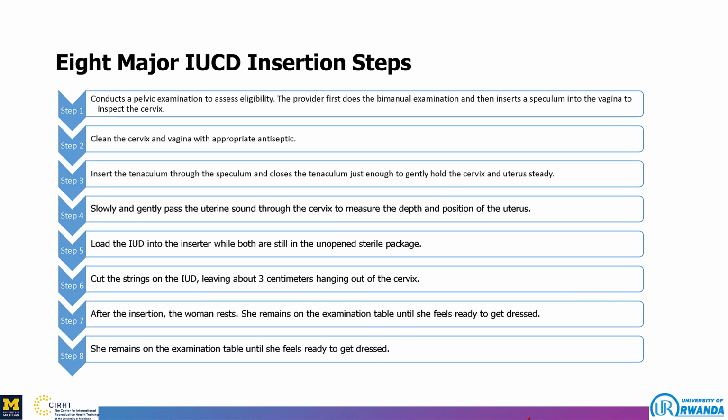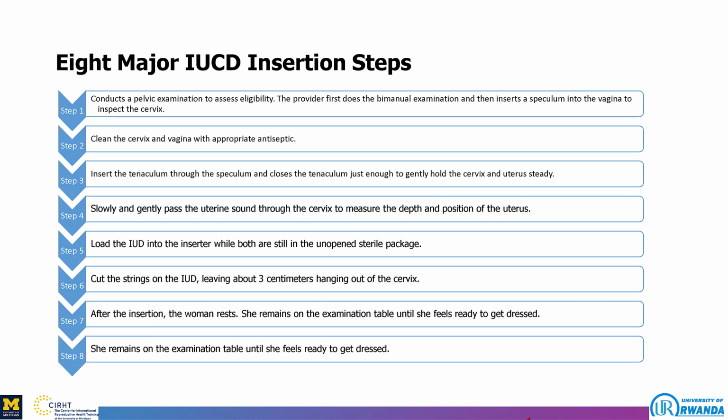In the second step, clean the cervix and the vagina with appropriate antiseptic solution. In the third step, insert the tenaculum through the speculum and close the tenaculum just enough to gently hold the cervix and the uterus steady.